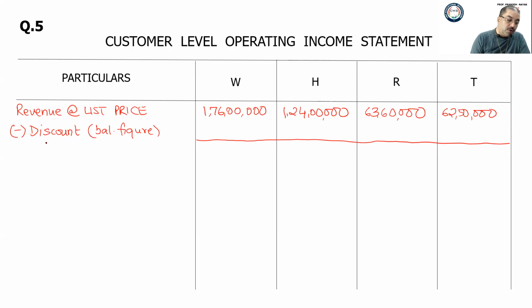So now I take the actual price. 700 into 400 into 44 is 1 crore 23 lakh 20,000.